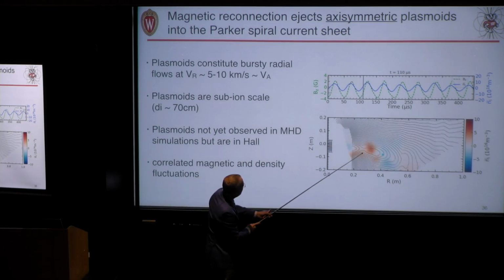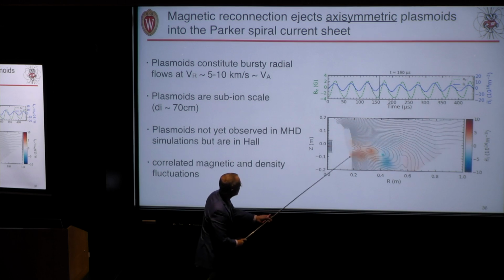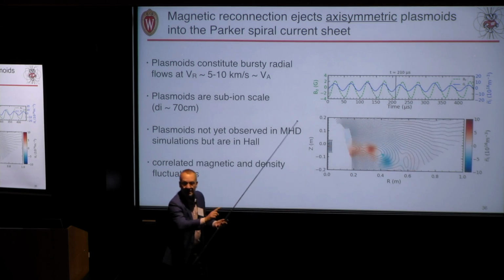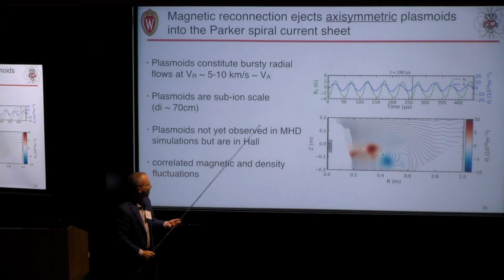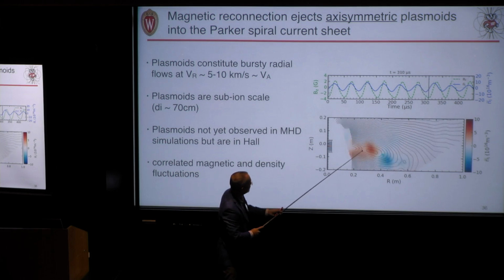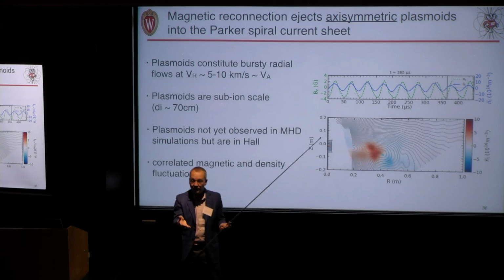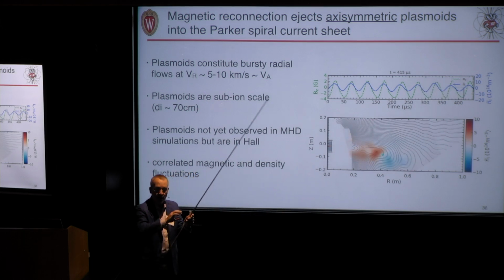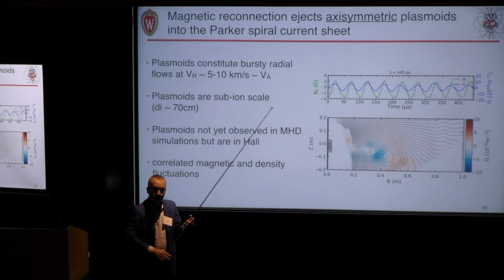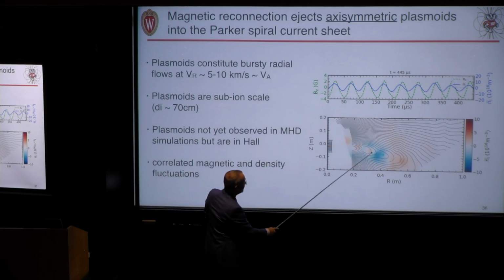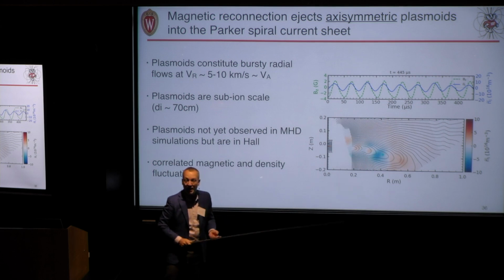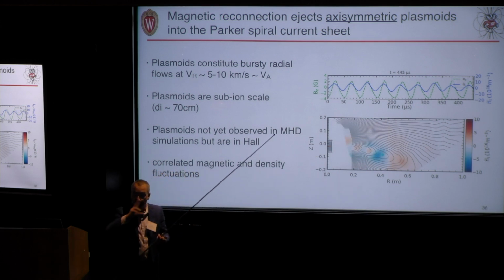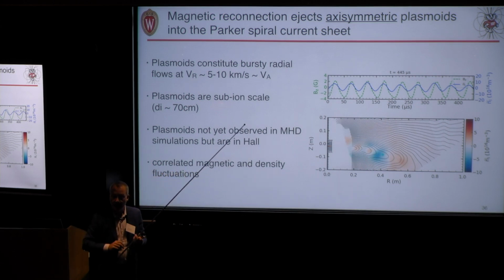we're actually ejecting little plasmoids, flux ropes, which are azimuthally symmetric modes that break off from the closed flux surfaces of the magnetosphere and actually fuel the outgoing wind. And this is showing the density fluctuations, and on top of that, you're seeing the magnetic topology as it breaks off.